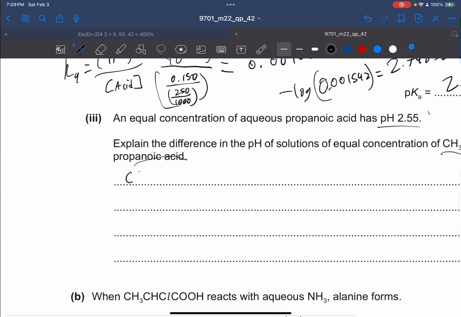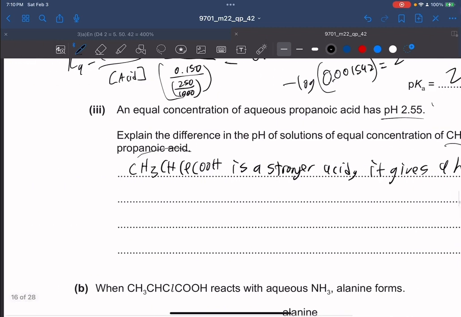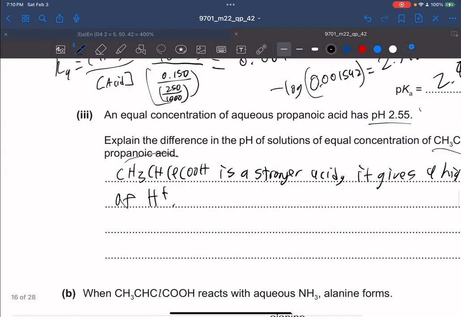So I would just say CH3CHClCOOH is a stronger acid. It gives off a higher concentration of H plus, and then you could explain why.